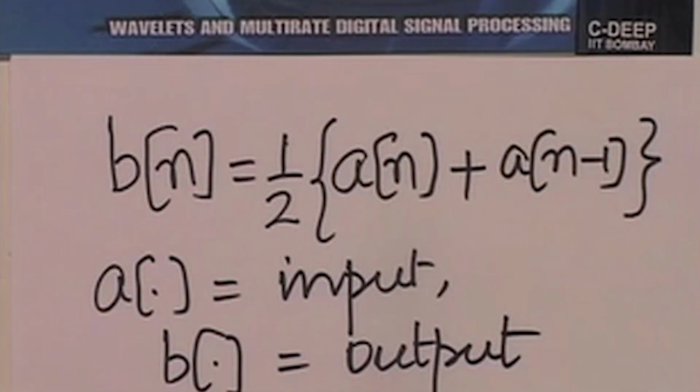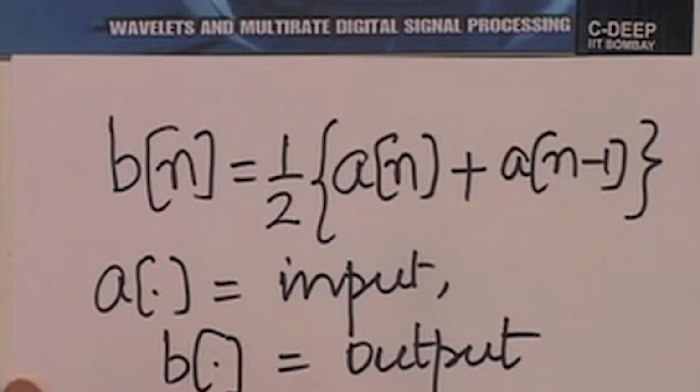If we take the z transform on both sides, we get what is called the system function of this filter. So, let us calculate that system function.